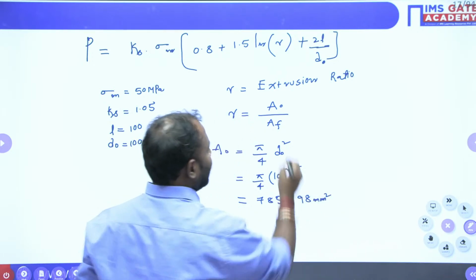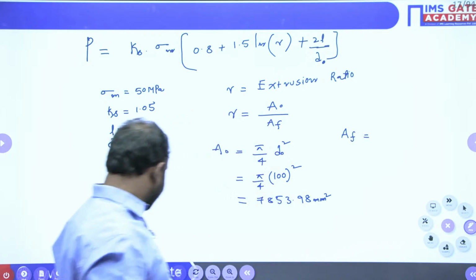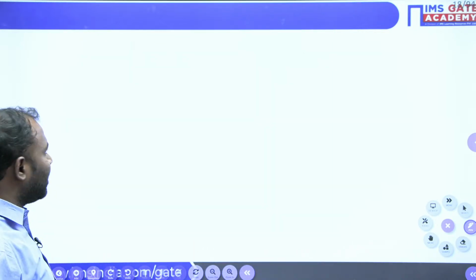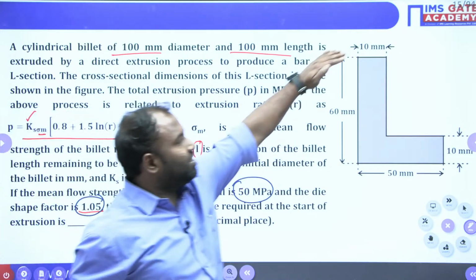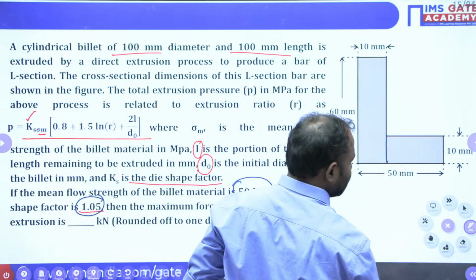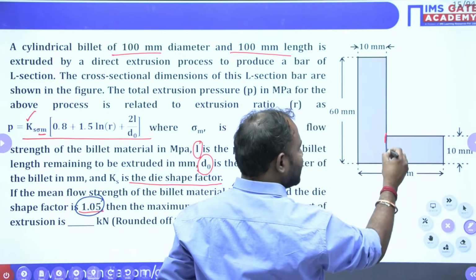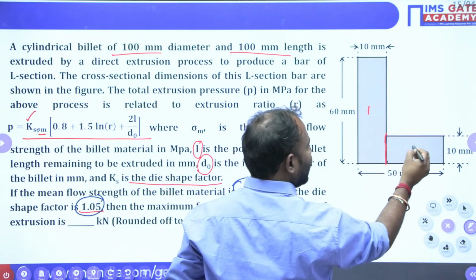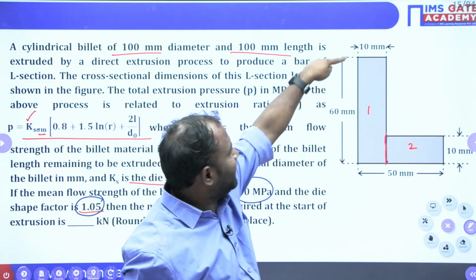Now, let us calculate A final, the component cross section area, this cross section area. Let me change my ink. Here, divide this section into two parts: section 1 and section 2. Now 10 by 60.